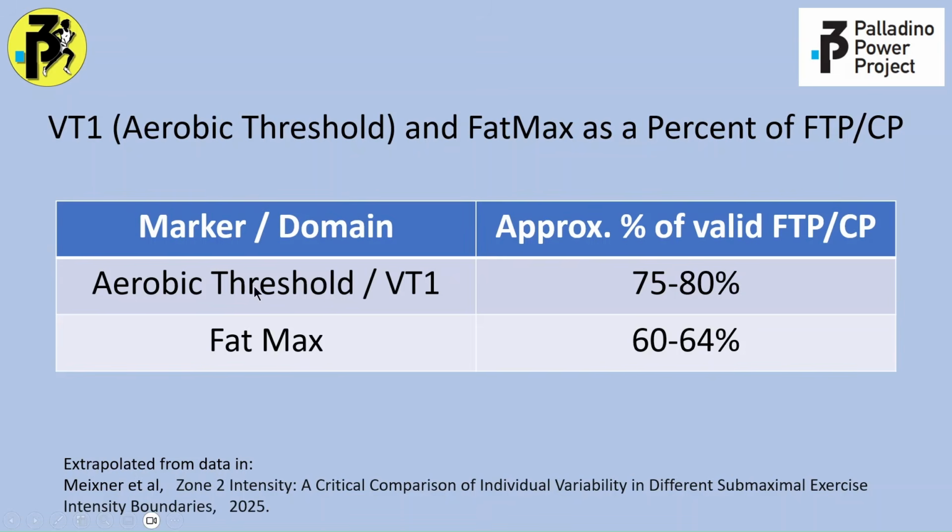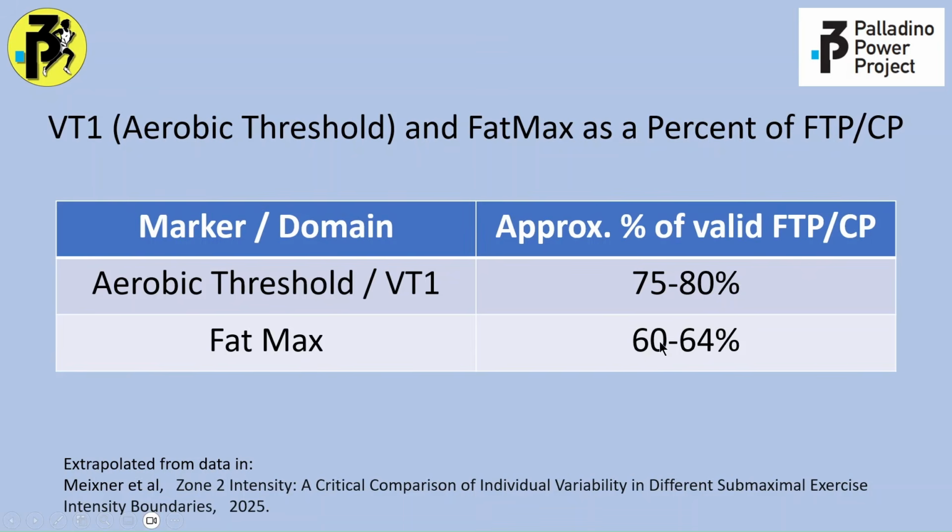So that's basically easy aerobic running. For most individuals, it's going to be below 80%, and I would actually extend this down to about 70%. So most individuals are going to be fully conversational, in quote unquote Zone 2, in that 70% to 80% of valid CP.